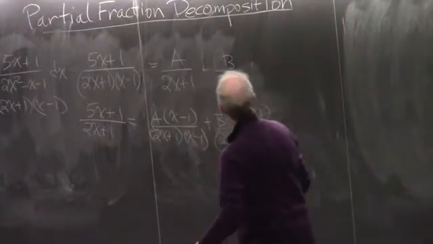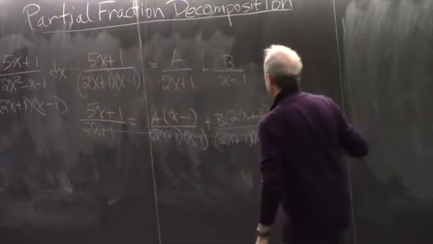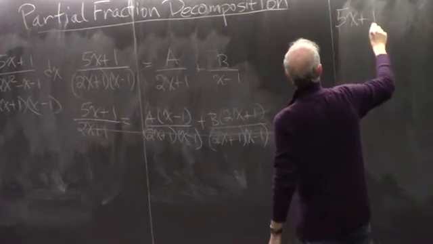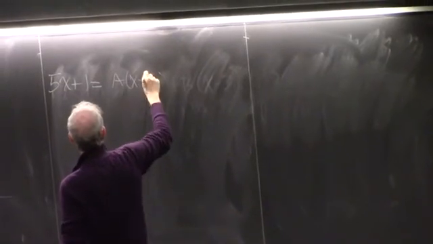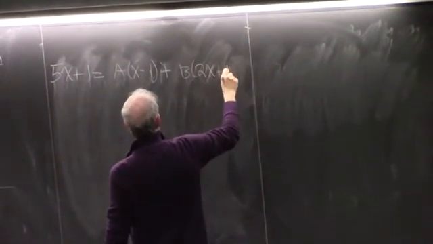And then we can get rid of the denominators because they're all the same. And we just know that 5x plus 1 equals a times (x minus 1) plus b times (2x plus 1).